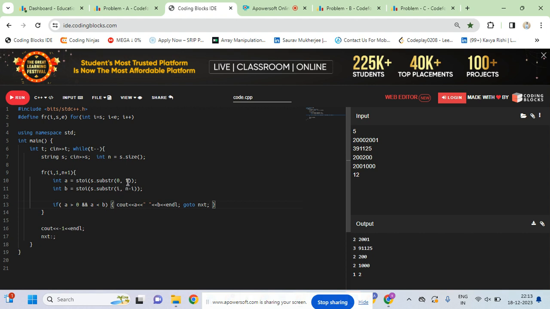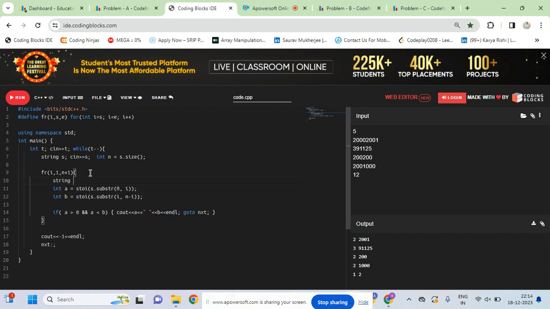stoi of 0 to i. What is happening here? 3. Why is this? Okay, what is this? Test. s.substr 0 to i. Can you print first of all the string?